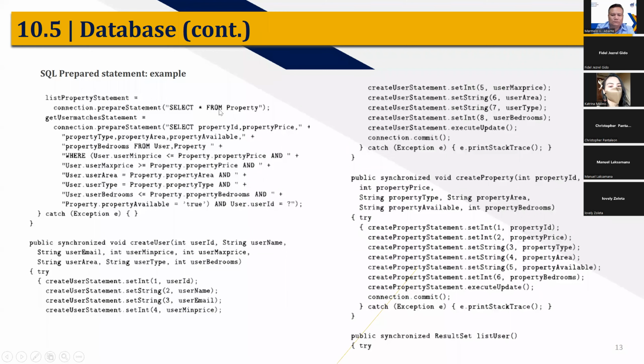So select asterisk is how to say, injection statement ito ni SQL para doon sa criteria when we are searching and filtering criteria such as property price, property area, property available. So ito yung scripting and command na example declarations. So ito, let's say ito yung scripting and syntax na ginamit, which is ito yung kinalabasan.